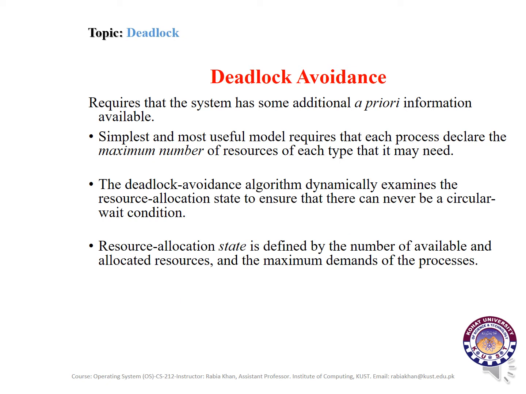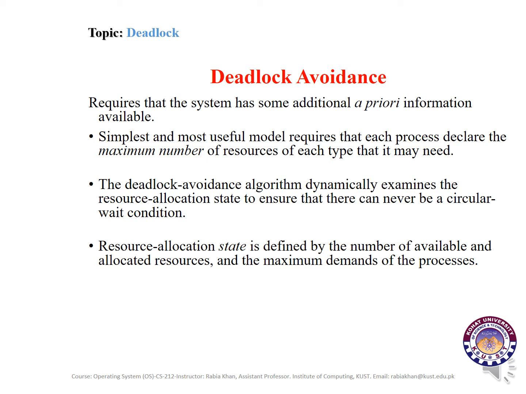Next mechanism for deadlock handling is deadlock avoidance. Deadlock avoidance requires some information in advance. And the information is that every process declares its required or maximum demand of resources right from the start of its execution.